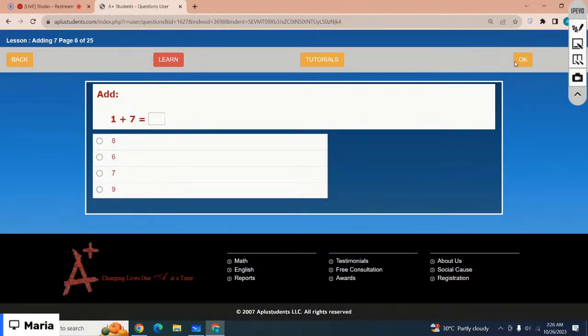Okay, the next one is 7 plus 1. So which is the correct option? So 7 plus 1 is, very good, that is 8.